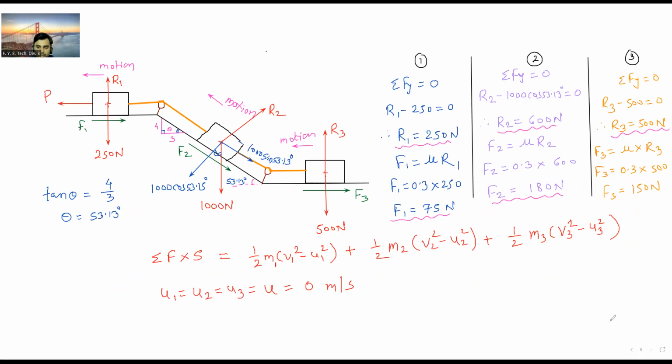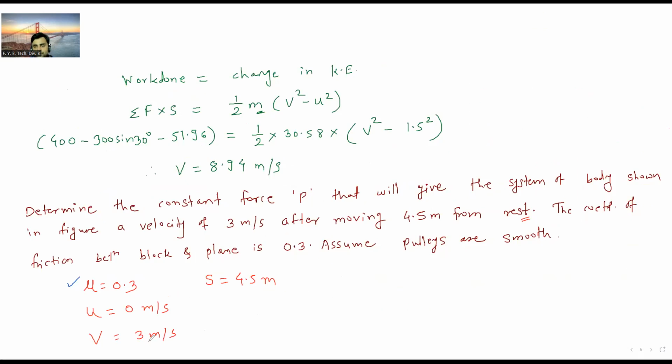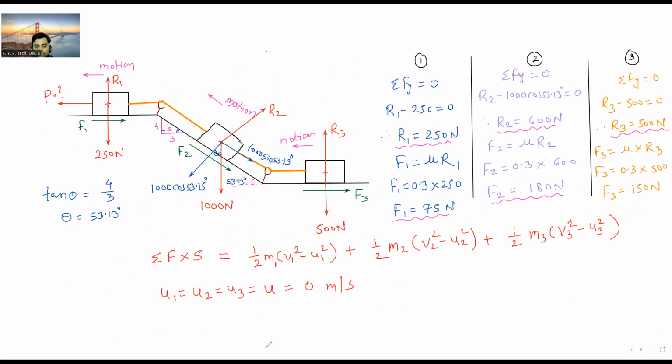So we need to determine the value of this force P when the final velocity is 3 meter per second. Final velocity किती? 3 meter per second. So I can write here for all the blocks, ह्याची पण final velocity 3 आहे, ह्याची पण 3 आहे, ह्याची पण 3 आहे. So I can write v1 is equal to v2 is equal to v3, which is equal to v, which is 3 meter per second.